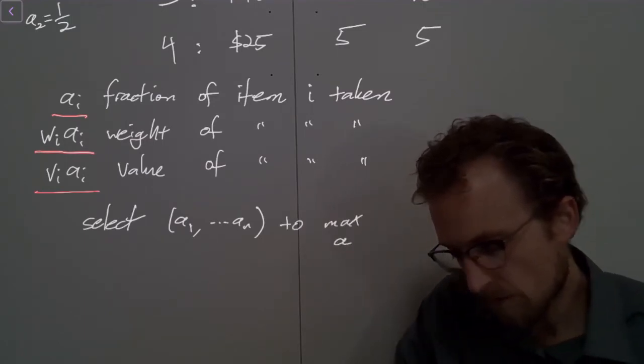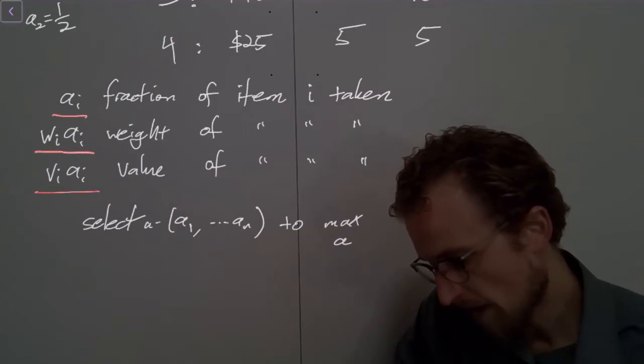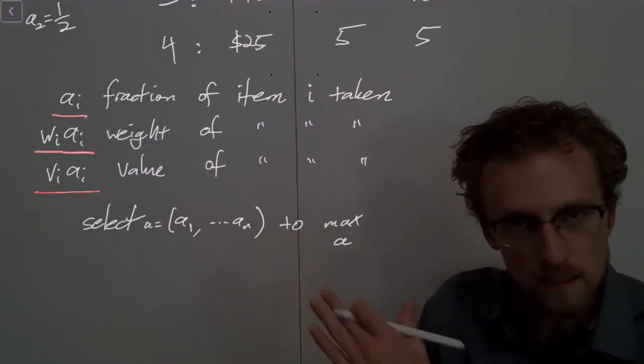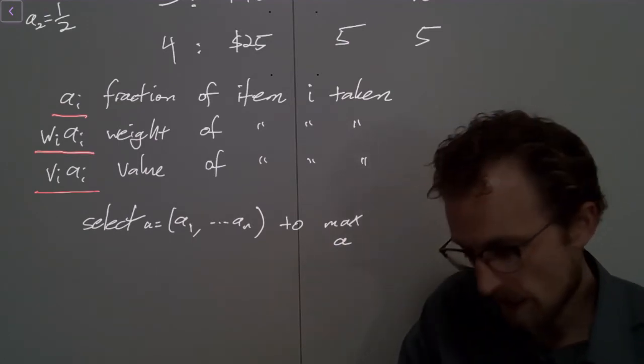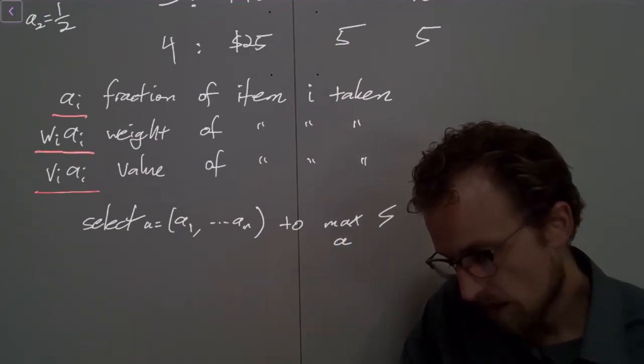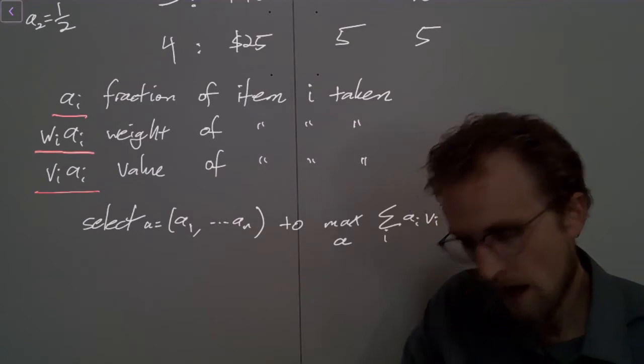I'm going to call A this whole thing, the tuple of all the A's. So I want to maximize over all feasible A's the sum over all I's of AI VI.